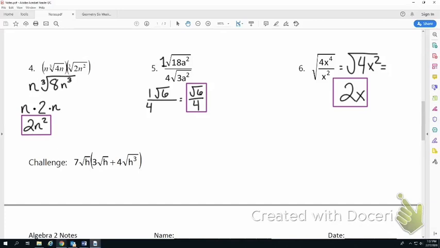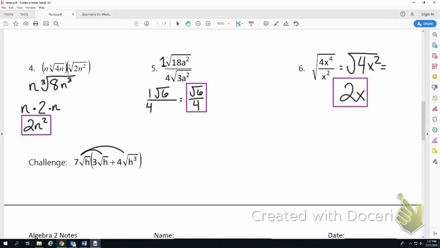What I want you to do is 7 times the square root of h multiplied by 3 square roots of h, and then 7 square roots of h times 4 square roots of h cubed. Take it one piece at a time. Multiply the numbers in front, then you do the square root, multiply what's underneath. You're just doing that process twice.